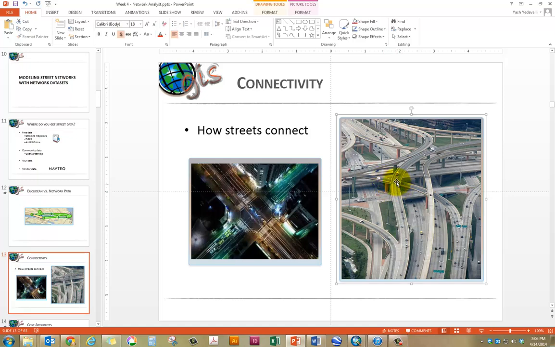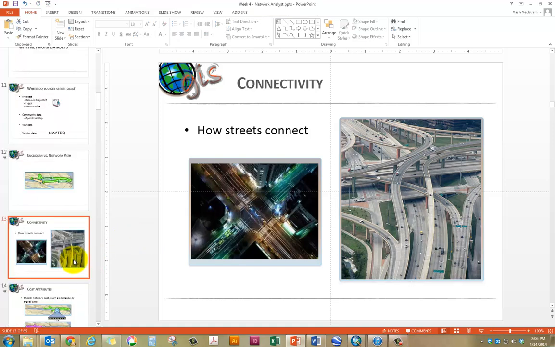So essentially you need to model that, because you can't jump from one flyover overpass to the next so easily. Sometimes you have to travel miles and miles to get from point A to point B, even though they're right next to each other. So that's what a network analyst or network dataset models.